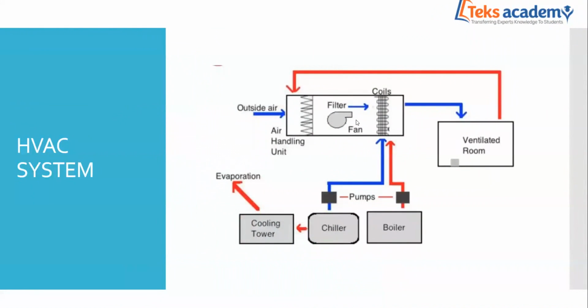Then comes the filtration and rotation of the fan, then that fresh air passes through the coil and is provided in your ventilated room. With the help of your air terminal, the heated air is transferred in a uniform way.